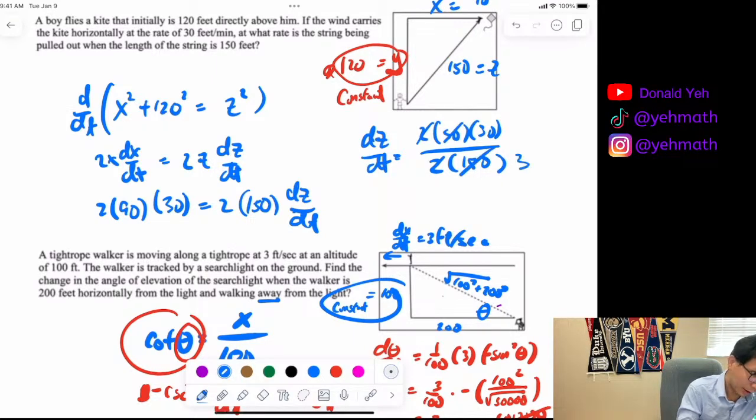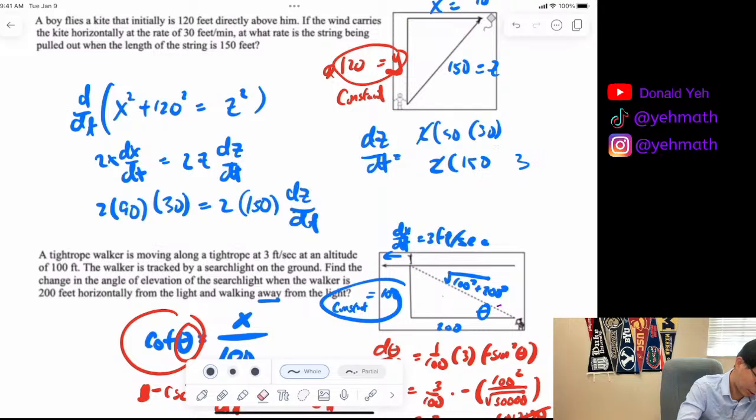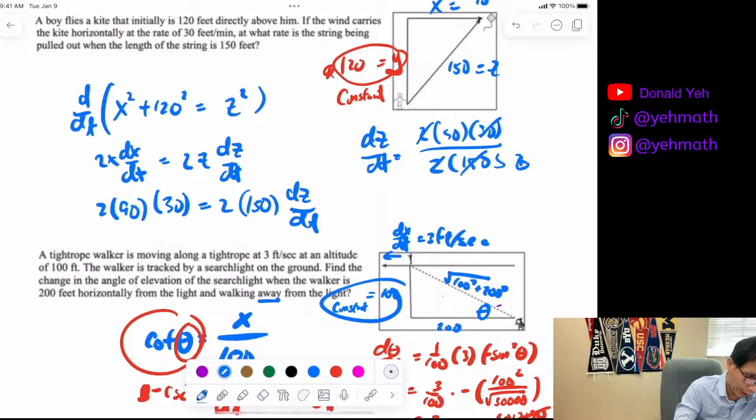Hold on a second, I can't read my own handwriting. That's 90. The 2 and 2 cancel. This is going to be 5. So it'll be 90 divided by 5, which is 18 feet per minute. That's how fast it goes: 18 feet per minute.